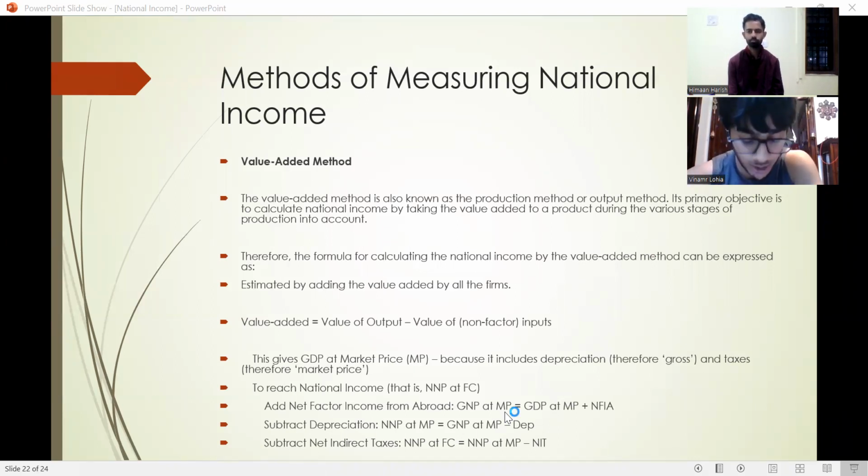Gross national product at market price equals gross domestic product at market price plus net factor income from abroad.